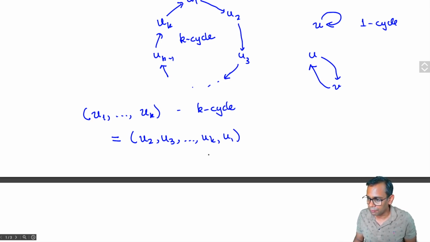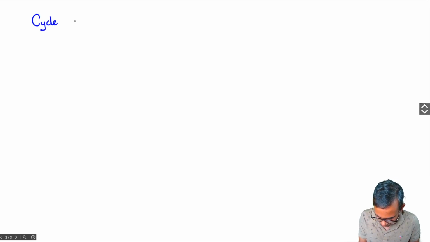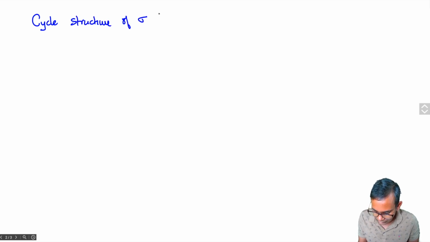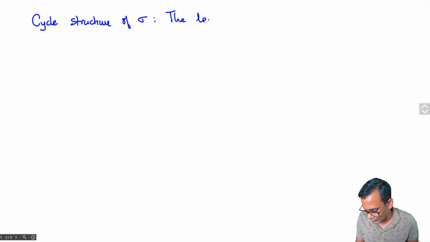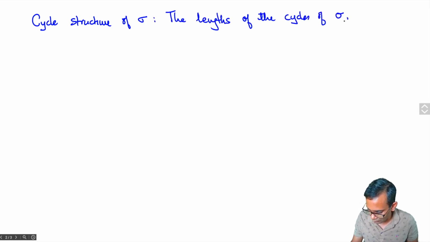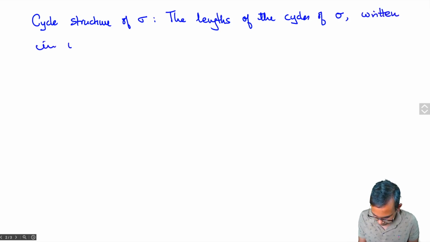Now we are ready to define the cycle structure of a permutation. It's just the lengths of the cycles of sigma written in weakly decreasing order.